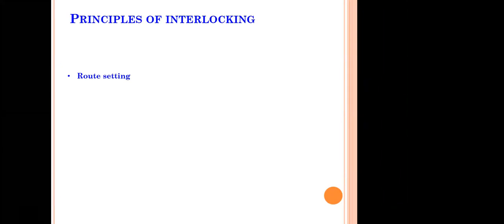Before safety information is conveyed to the driver, I need to ensure all the functions are in the correct position, in the required position. That is called route setting. Route setting ensures the conditions are satisfied before a signal is taken off.